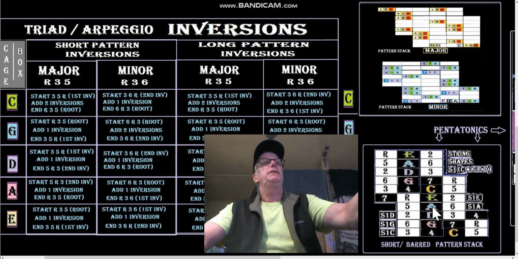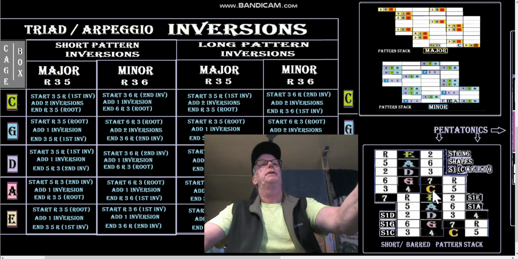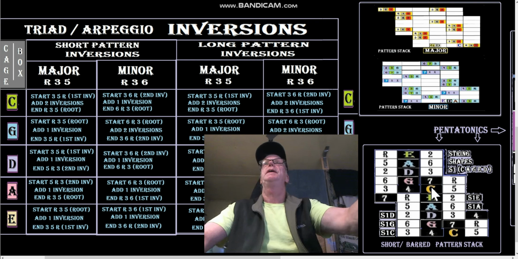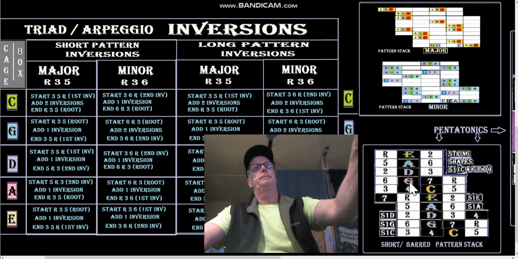The fourth of the E shape is the A shape, because we're going down the strings, and above it in strings is the fifth. So E, A, C. There's the A minor, in the E box. In the C box, we have C, the fourth is E, and the fifth is G. There's C major.